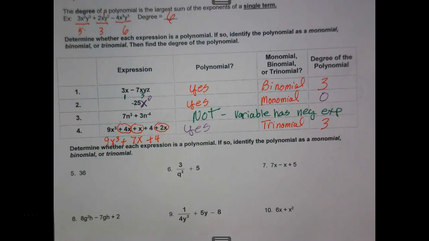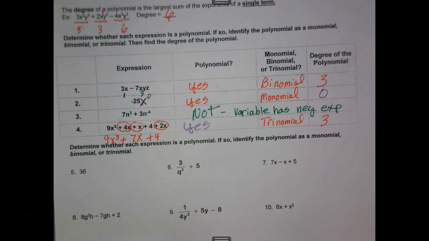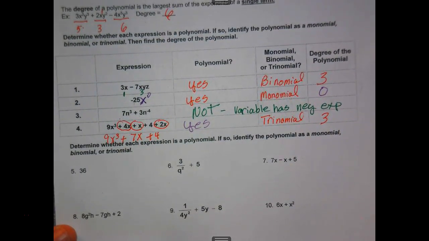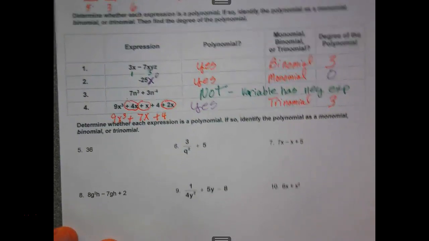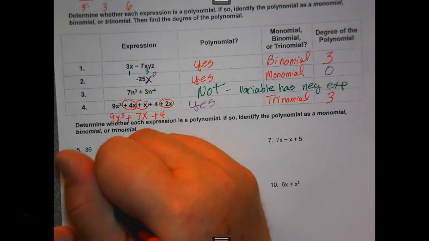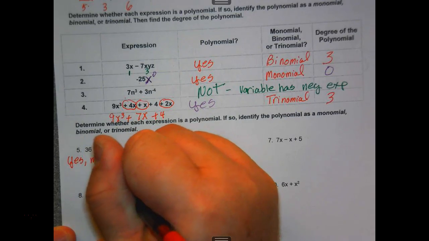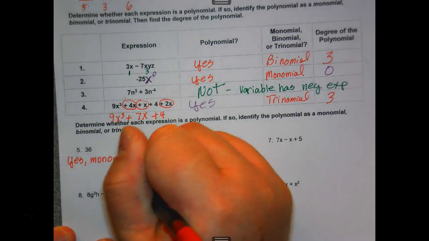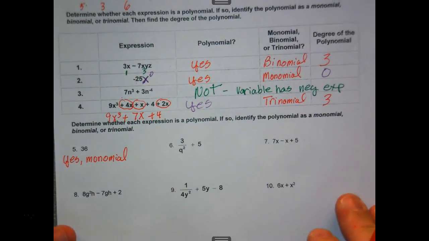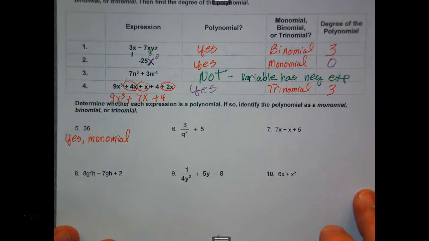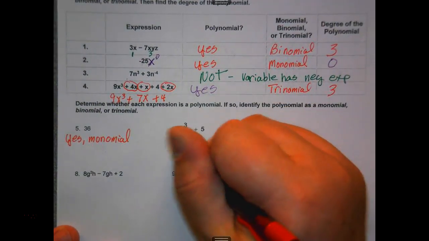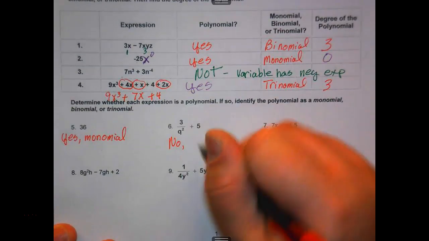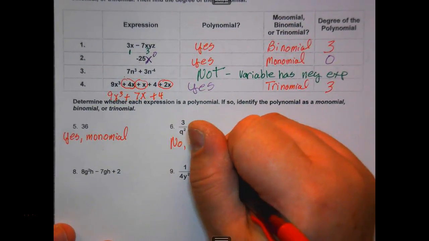Okay, number 5. Is it a polynomial? Yeah, it's a monomial. Number 6. Is it a polynomial? No, because the variable is in the denominator.